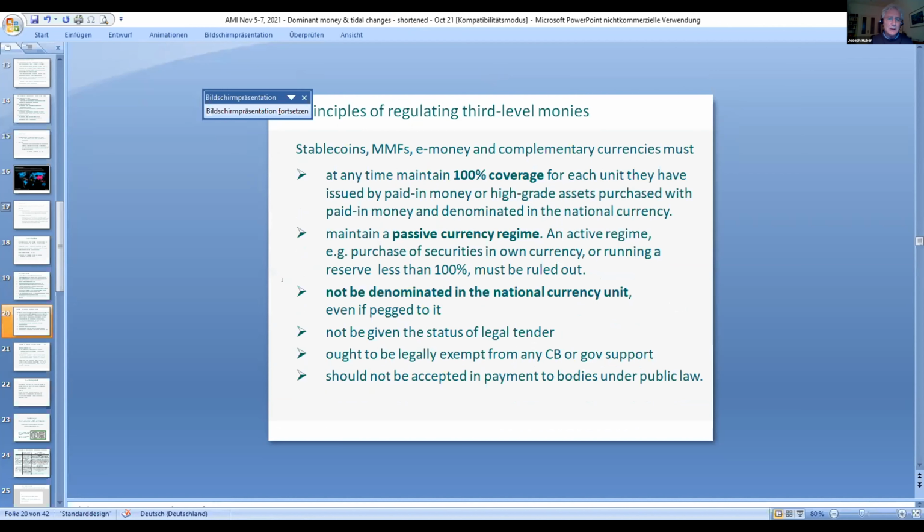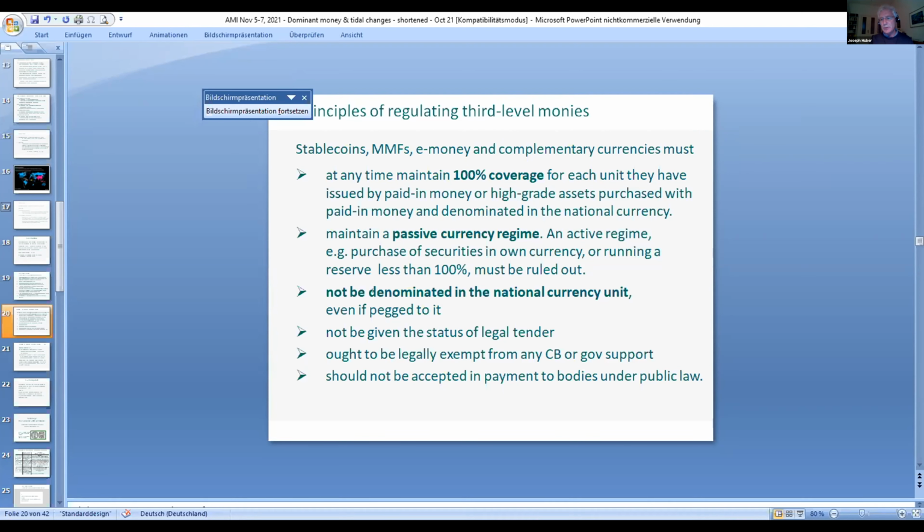So here now the last word on how to regulate third-level monies. They are already regulated in the United States as well as in Europe, the stablecoins in the United States not that much, to my knowledge. The regulation says that money market fund shares and e-monies, and now also stablecoins, must maintain near 100% coverage.